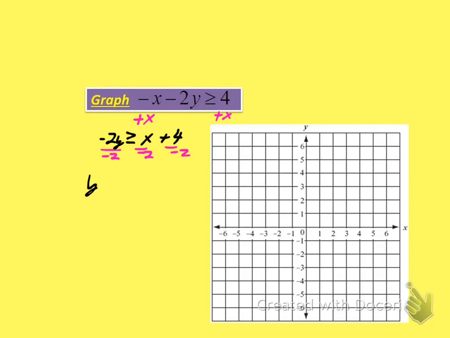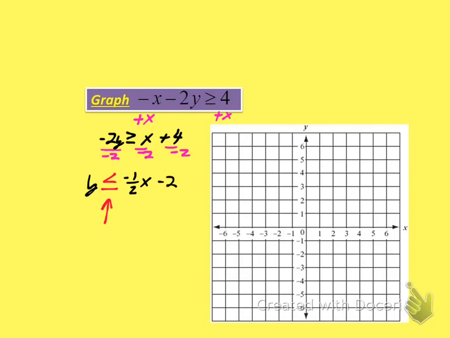Okay? So you divide it by a negative. So you got to, I'm going to do it in red. So you got to flip that inequality sign. Alright? Which means y is less than or equal to negative 1/2 x minus 2, that is your line. That's what you graph. Now you can get this problem fully correct with the graphing of the line without flipping that inequality.